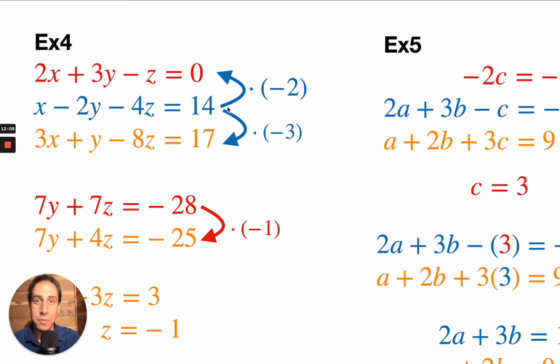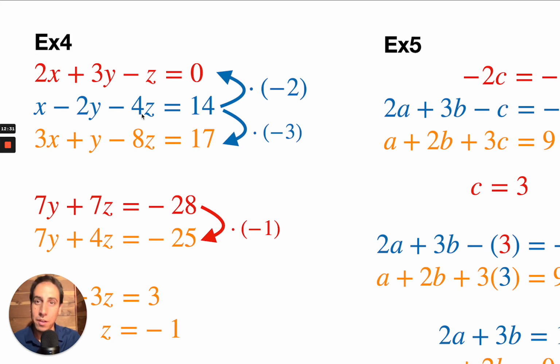And 14 times -2 is -28 plus 0 is -28. X times -3 is -3x plus 3x is 0x, not written. Sorry, backtrack. -2y times -3 is positive 6y plus y is now 7y.